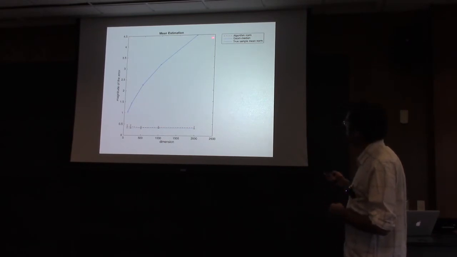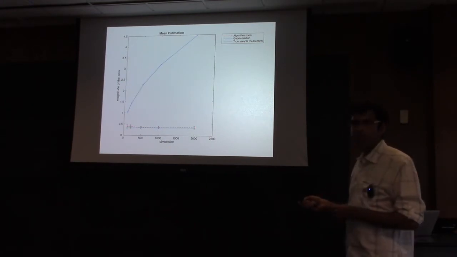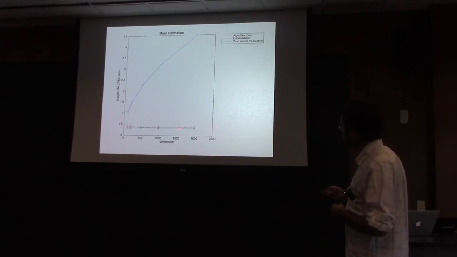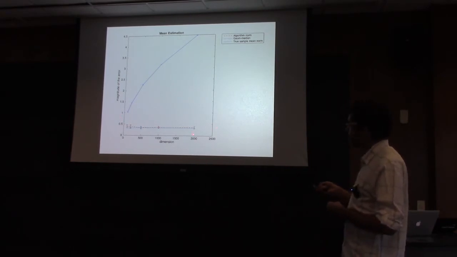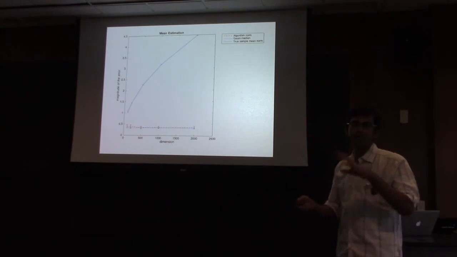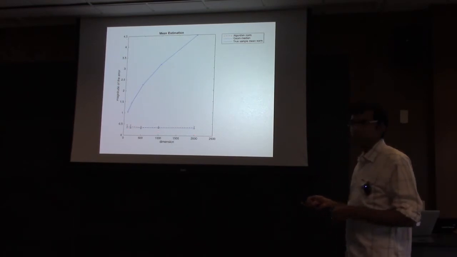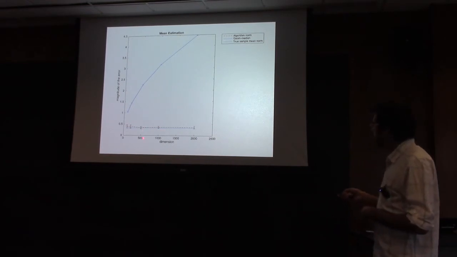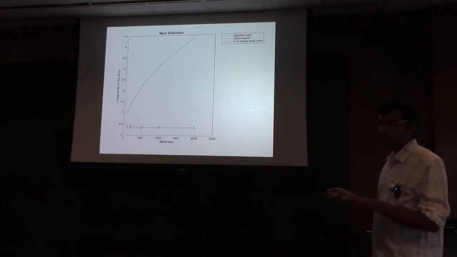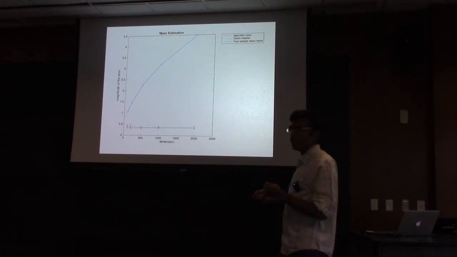You can see it growing with the dimension. And the red one is the one output by the algorithm. It stays very flat. And if you just threw away all the noise points and computed the sample mean, that's what blue is. And it stays pretty close to it and also flat. It doesn't grow with the dimension.